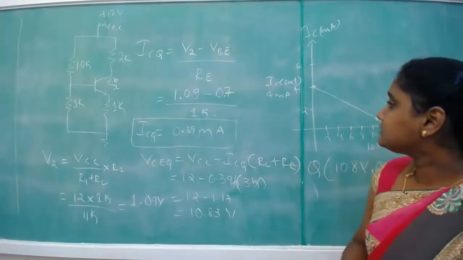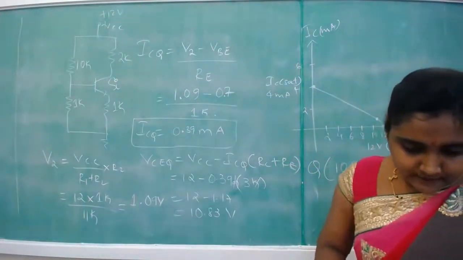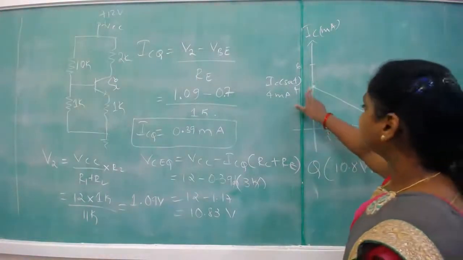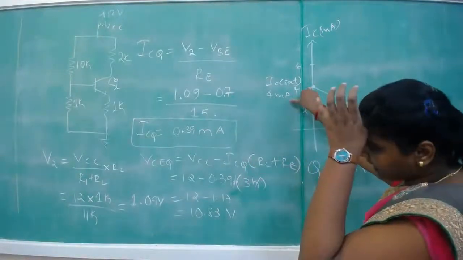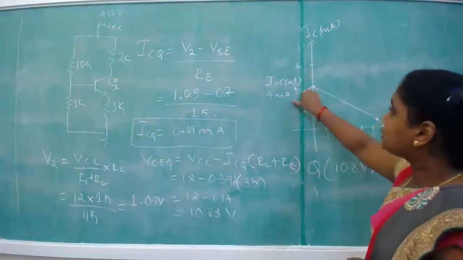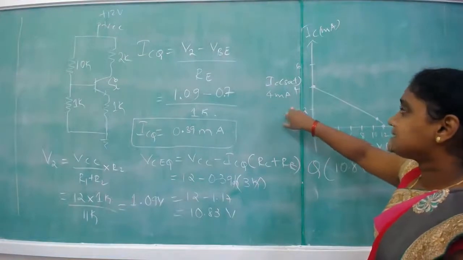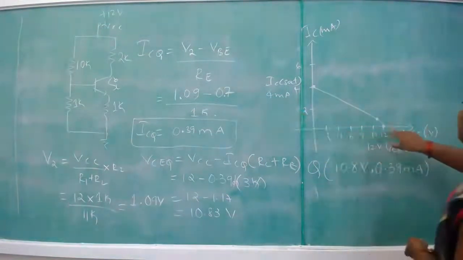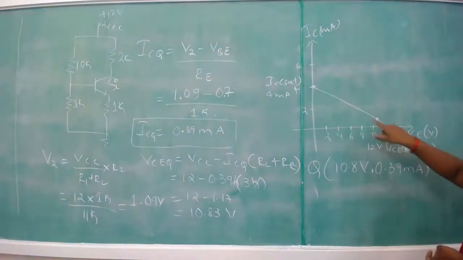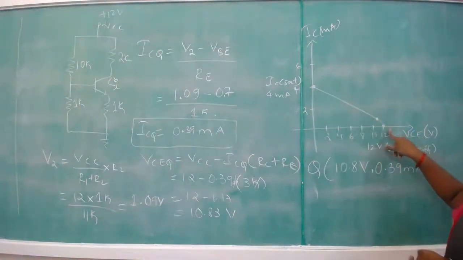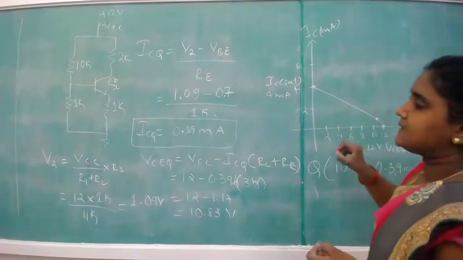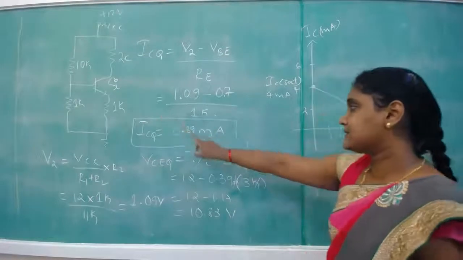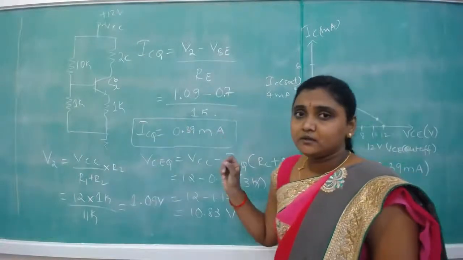So these are the two numericals that are asked here, where we worked with the same circuit. They asked for the two endpoints. We found the two endpoints by the expression IC sat equal to VCC by RC plus RE, and VCE equal to VCC. We drew the DC load line. Then they asked for a silicon transistor: what will be the resulting Q point?